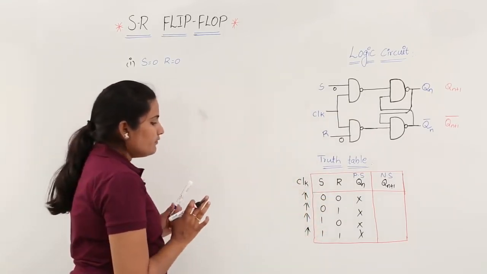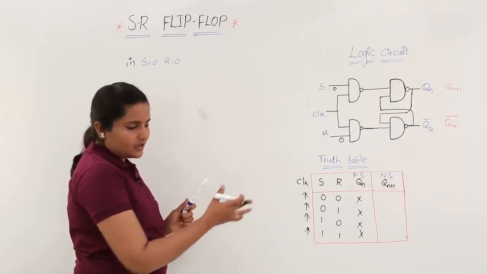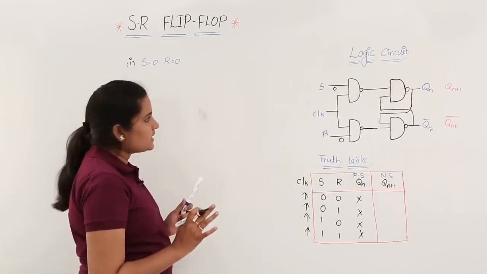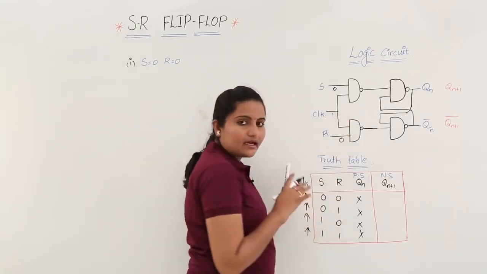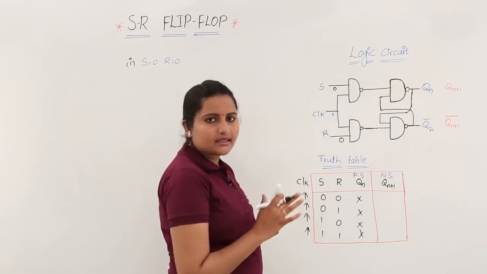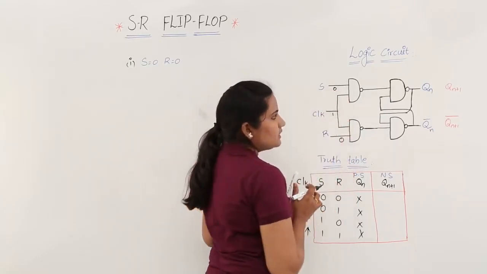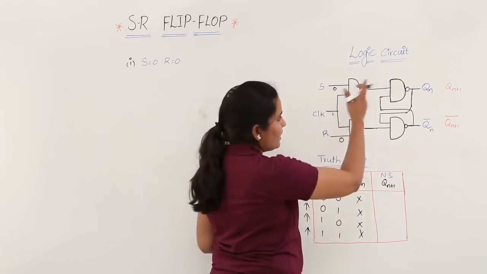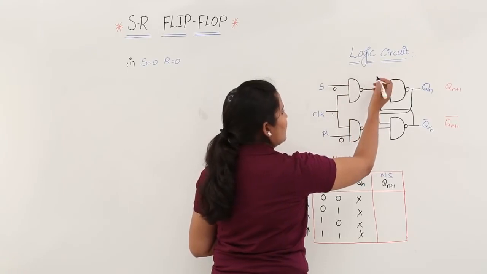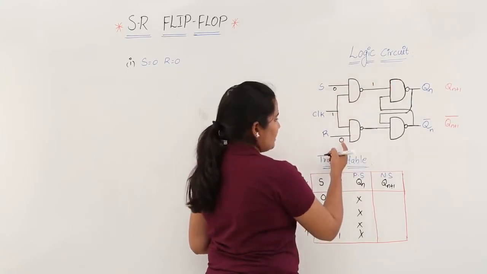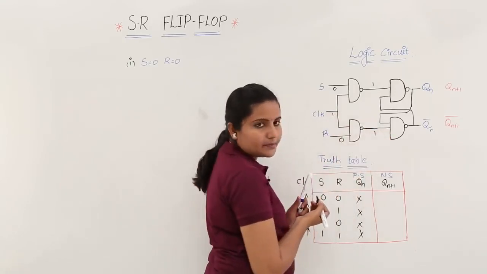When clock equal to 0 nothing happens; when clock is equal to 1, always the clock needs to be 1 to trigger the flip-flop. So here 0 into 1 you are getting 0 bar, that is 1. 0 into 1 bar you are getting 1 here. Again 0 into 1 whole bar you are getting 1 here.